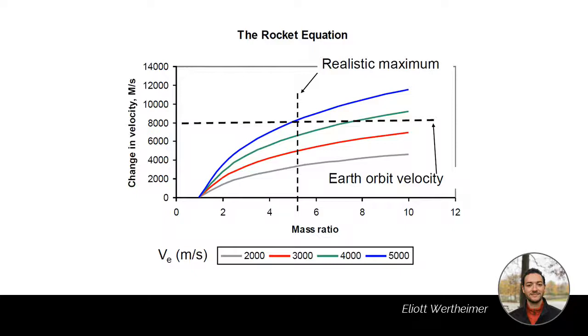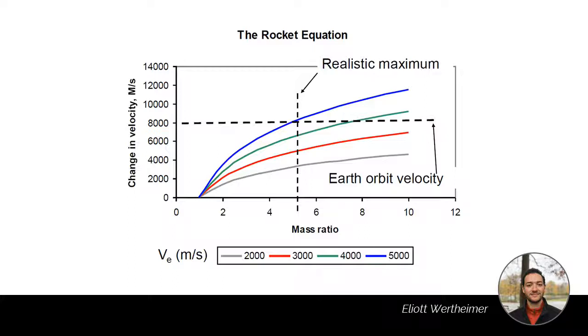The vertical axis on the left represents the change in velocity achievable by the rocket, so basically from 0 to its maximum achievable velocity. The horizontal axis represents the mass ratio of the rocket, which is basically its initial mass divided by its final mass after all the fuel has been burned.